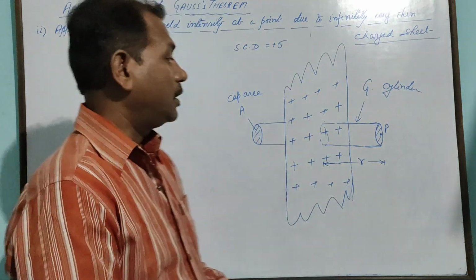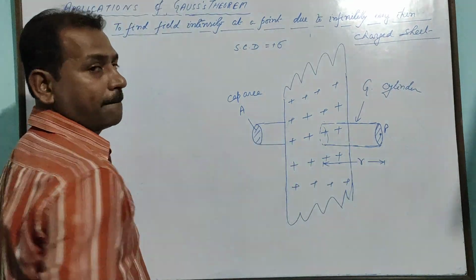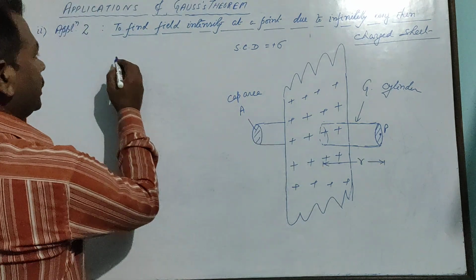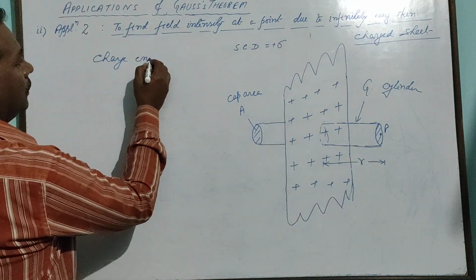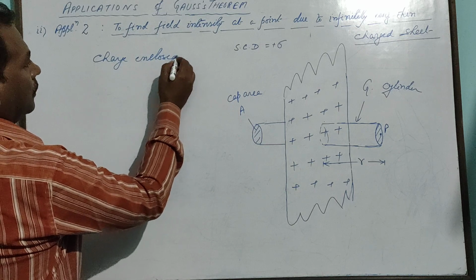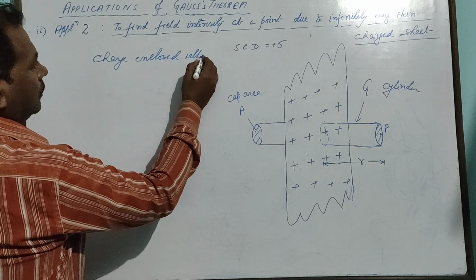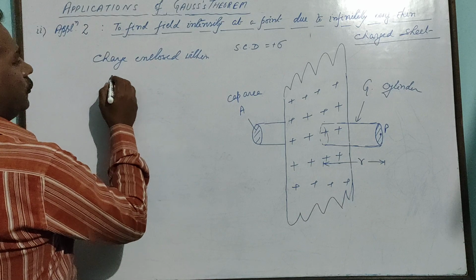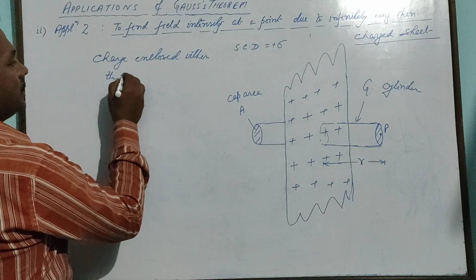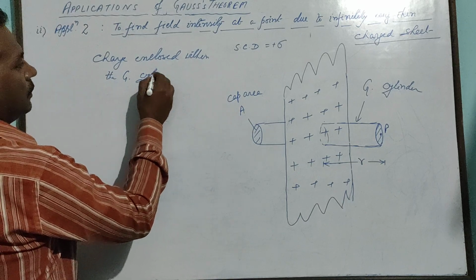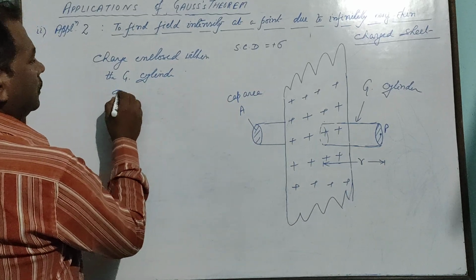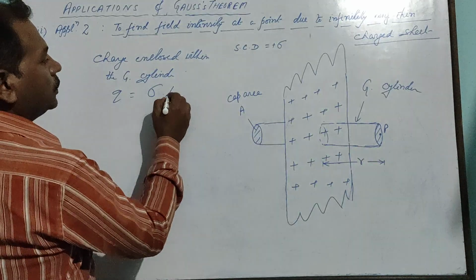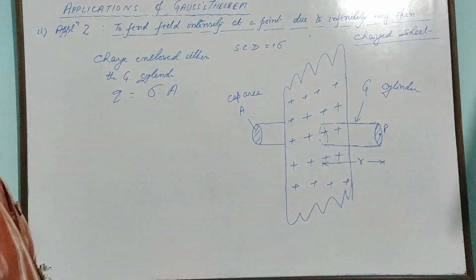So if the cap area is A, then the charge enclosed within the Gaussian cylinder will be equal to sigma A.